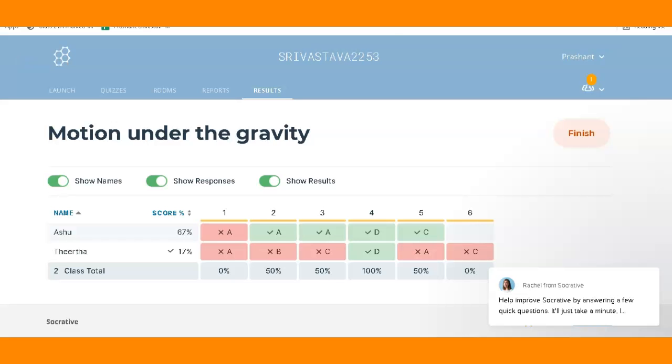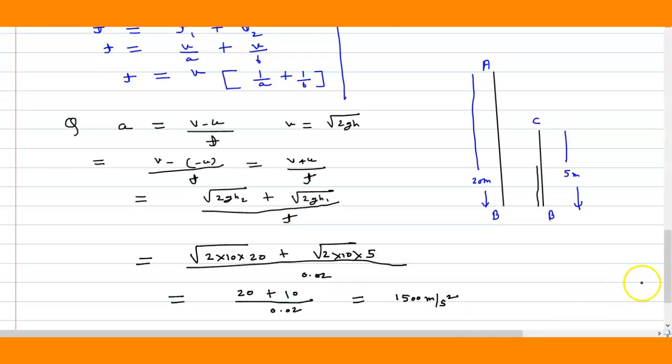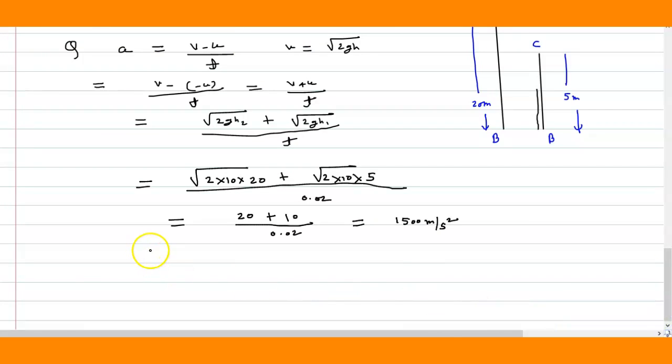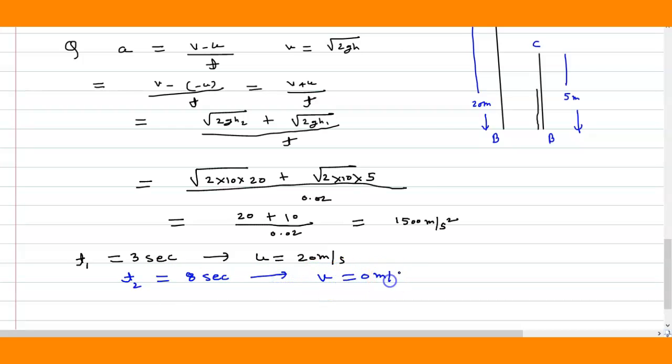According to the question, at time t1, which is 3 seconds, its speed is 20 meter per second. And at time t2, which is 8 seconds, its velocity is 0 meter per second.